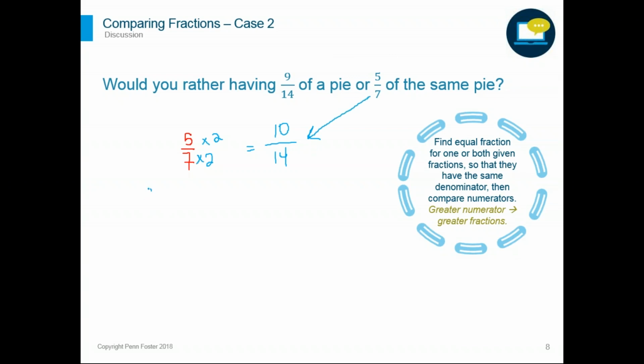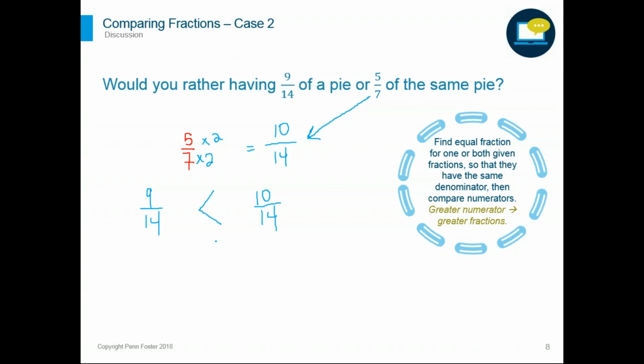So the first fraction says 9/14. The second one is 10/14. Which one is larger? The 10/14, because our method says now if the two fractions have the same denominator, then compare the numerators. The one with the larger numerator would be the larger fraction.